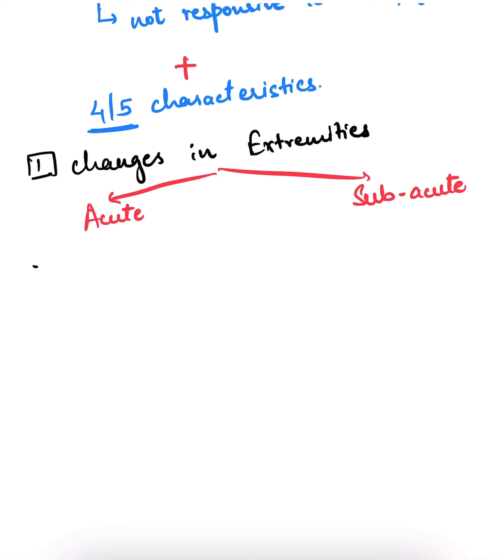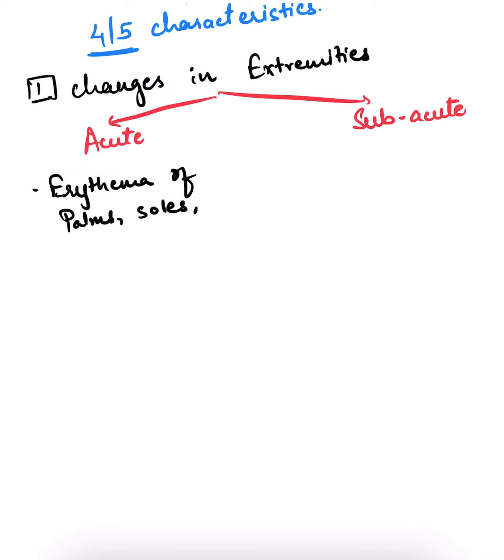In the acute phase, erythema of palms, soles and edema of hands and feet is seen. These changes disappear when the patient is progressing towards the subacute phase.